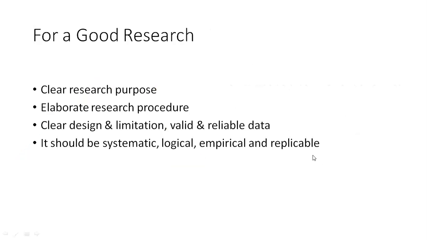So these are the various research designs that we need to talk about, and for a good research, we should have a clear research purpose, we should elaborate research procedures, there should be clear design and limitations, it should be valid and reliable data, it should be systematic, logical, empirical, and replicable. If it is not replicable, then our research has not been done effectively.